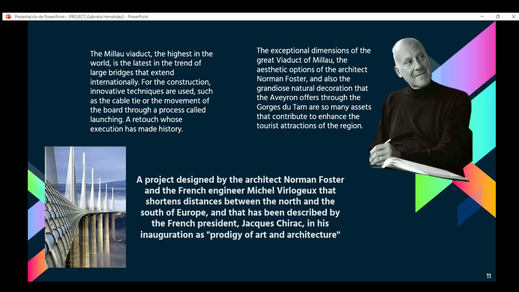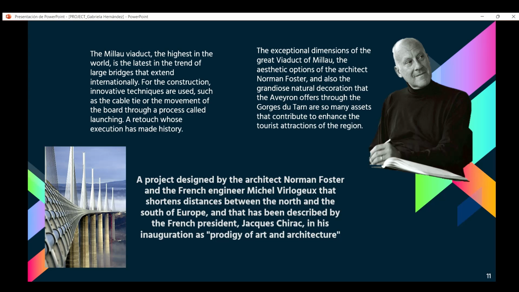extend internationally. For the construction, innovative techniques are used, such as the cable tee or the movement of the board through a process called launching, a retouche whose execution has made history.